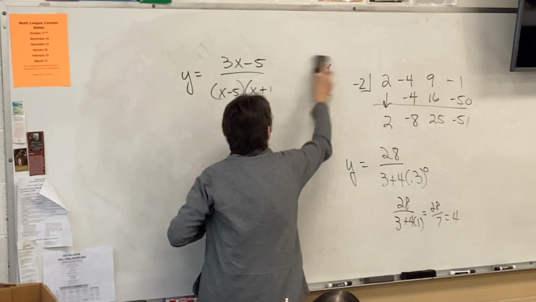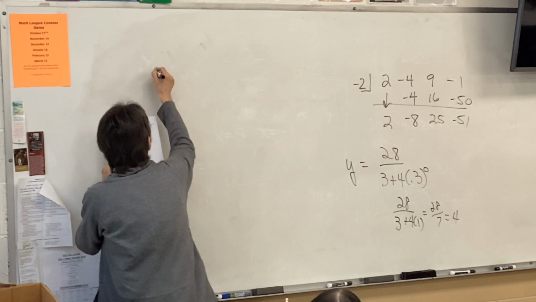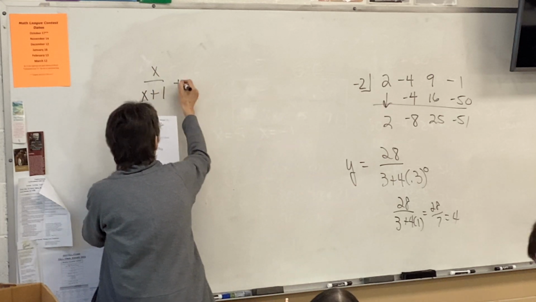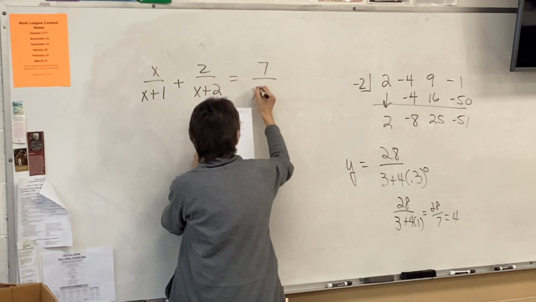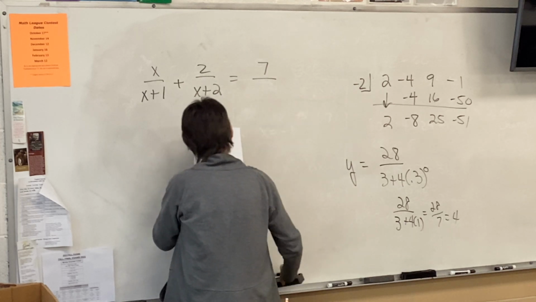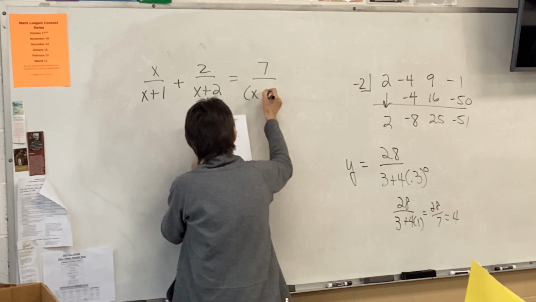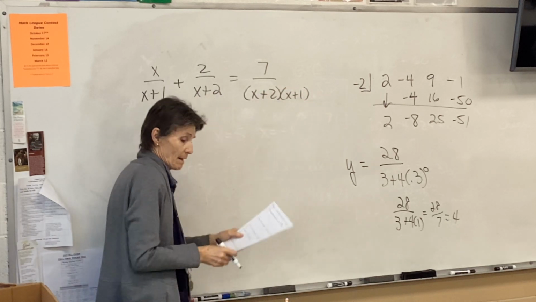Here's a new one, in terms of, it wasn't on mini review. Solve. I think I'll start by factoring that last denominator. Does that make sense to you?